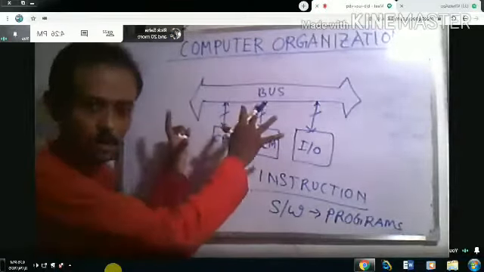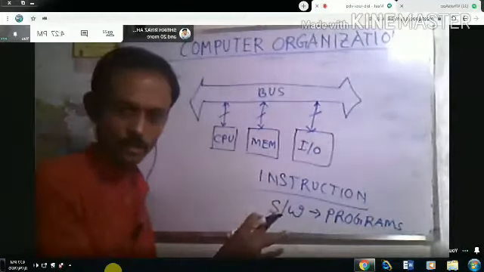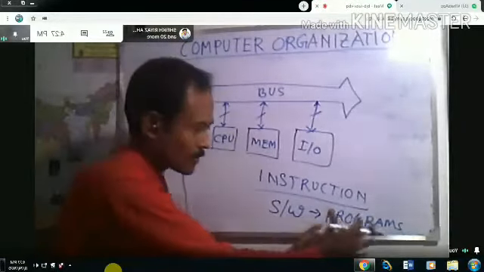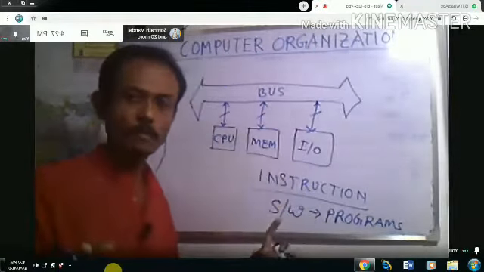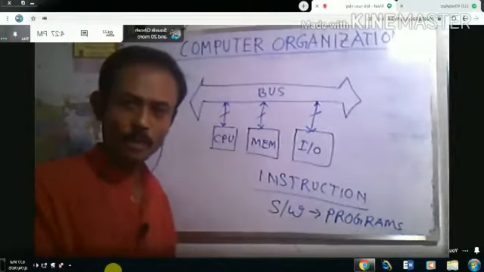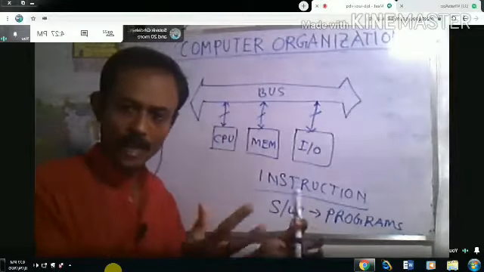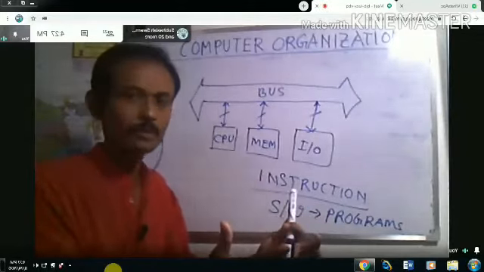This computer system is used to execute different types of software. It may consist of multiple programs as a whole, and when you bind multiple programs as a single unit, that unit becomes a software or software package.